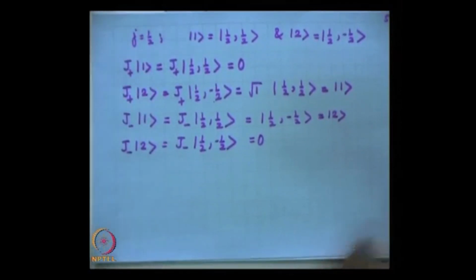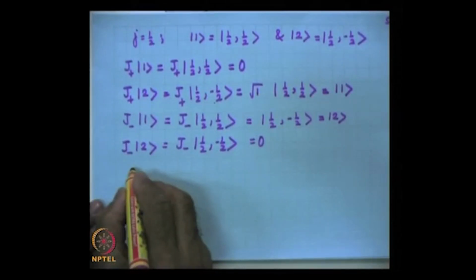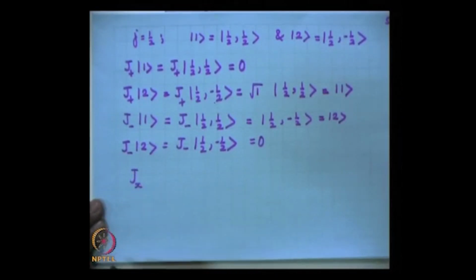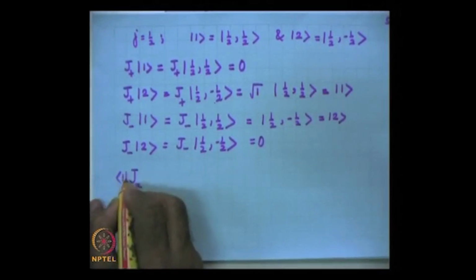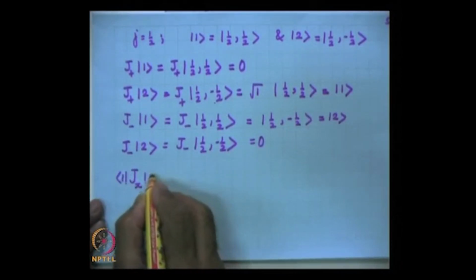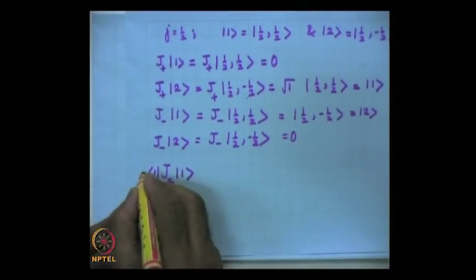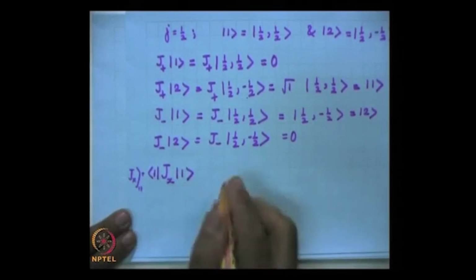So, using these relations, we can immediately obtain the matrix representation for the operator J x. So, J x 1 1, this is my J x 1 1, the 1 1th matrix element.